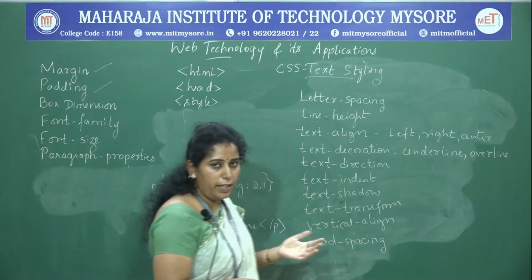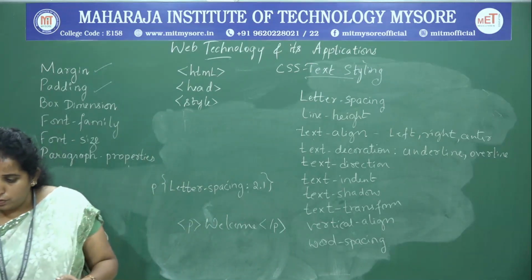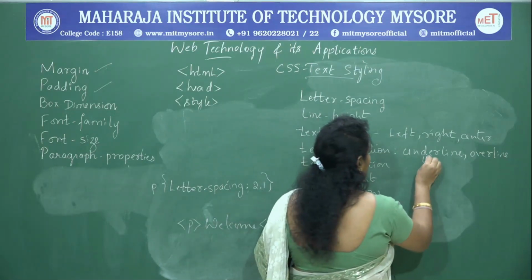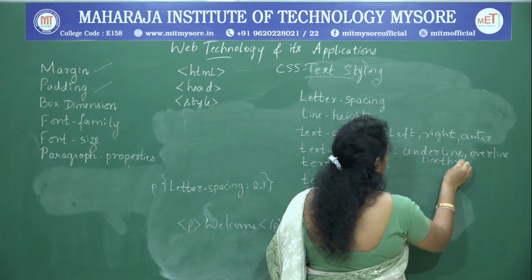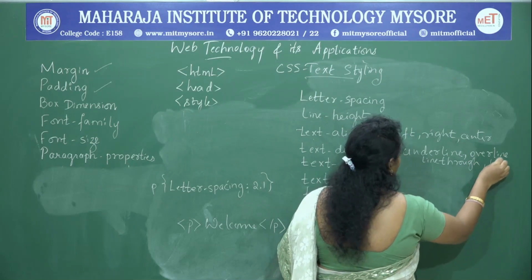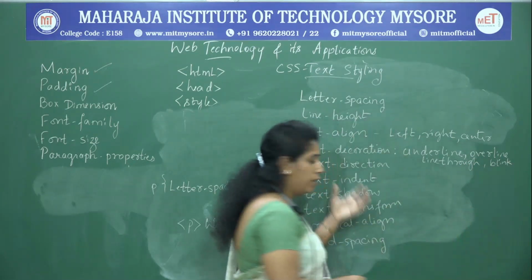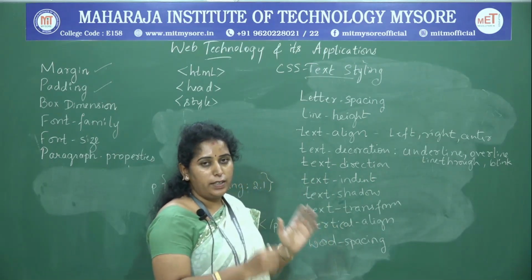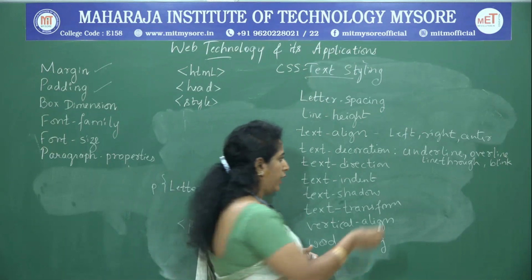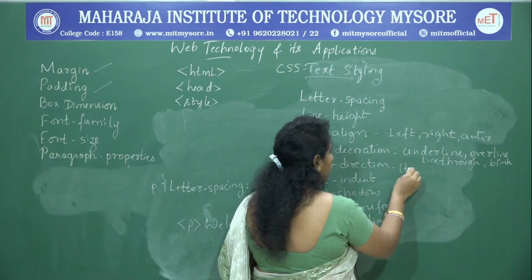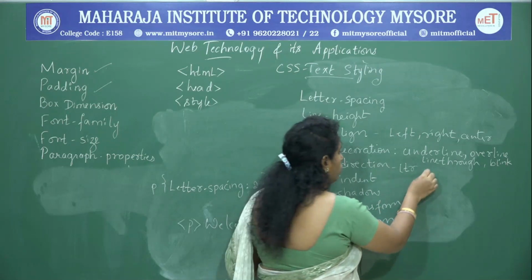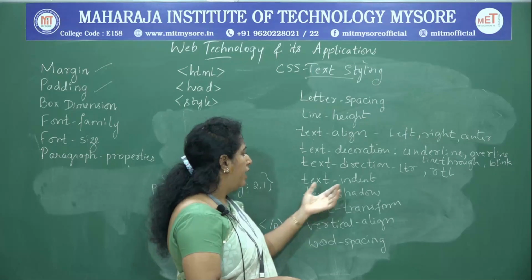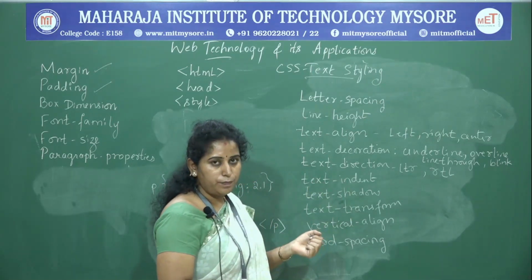Underline, overline and one more is line through, and another one is blink. This is about decorating the text. Next is text direction. Usually the text will be printed from left to right. By default text direction is left to right. You can also change it to right to left. That is also available.